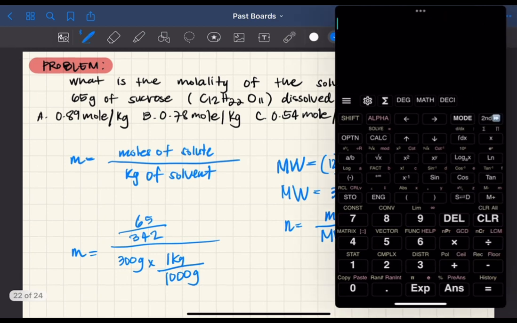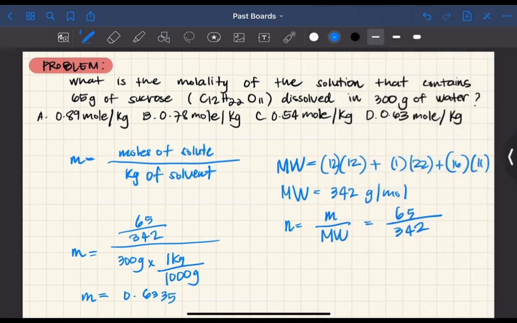So this is equal to 65 over 342 divided by 0.3, which is equal to 0.6335 and so on moles per kilogram.